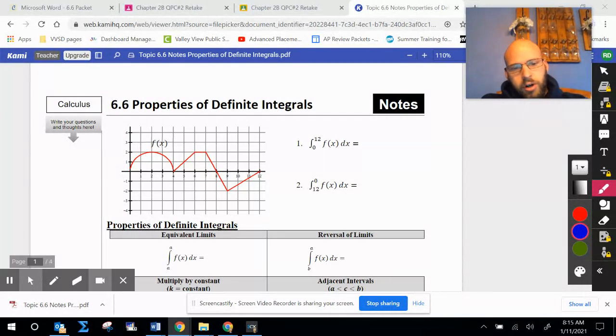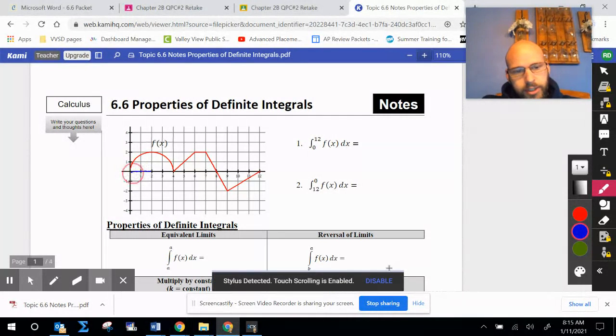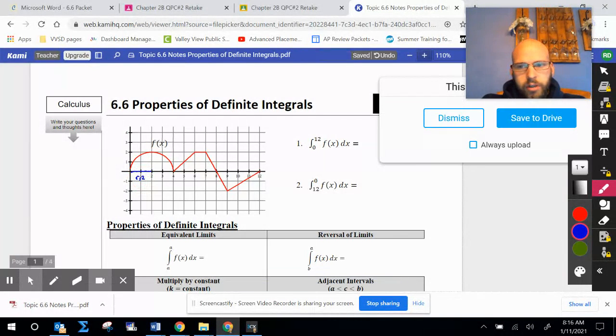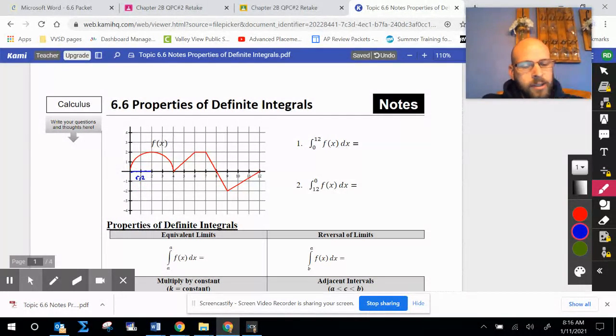So I'm going to just start adding up all of these areas. I have a little semicircle here. The radius is 2. So I would do pi r squared divided by 2, right? Which would be 4 pi over 2, or in this case, 2 pi.